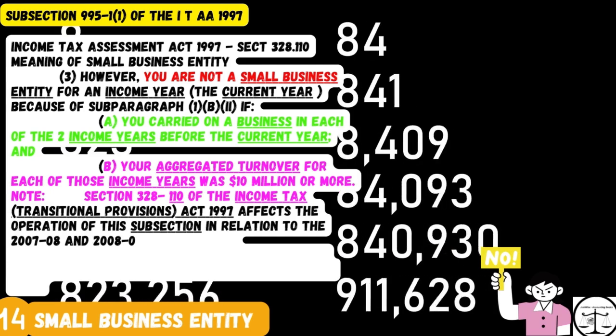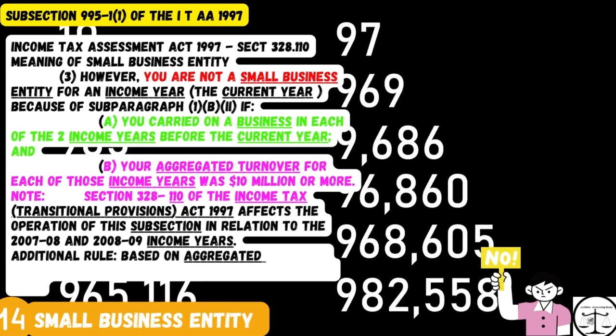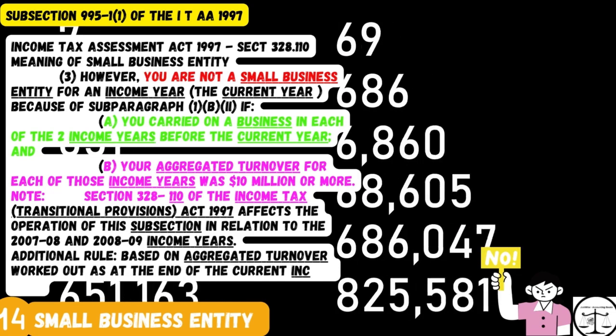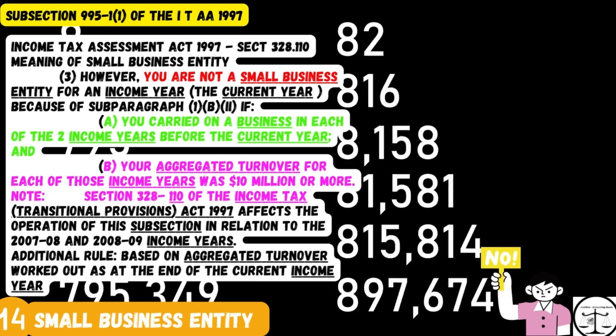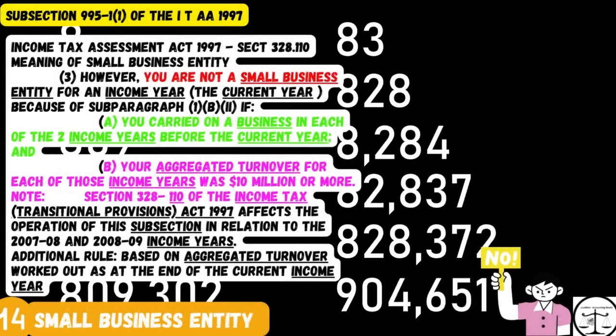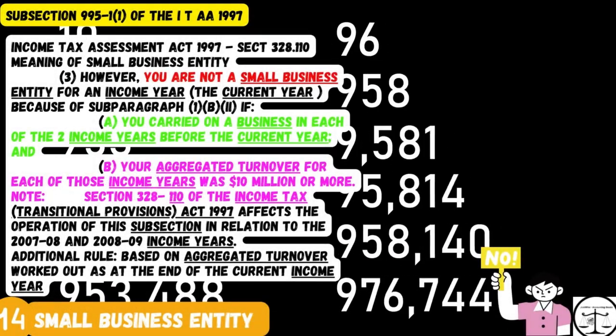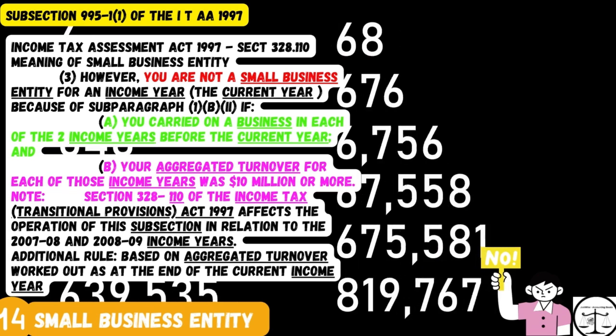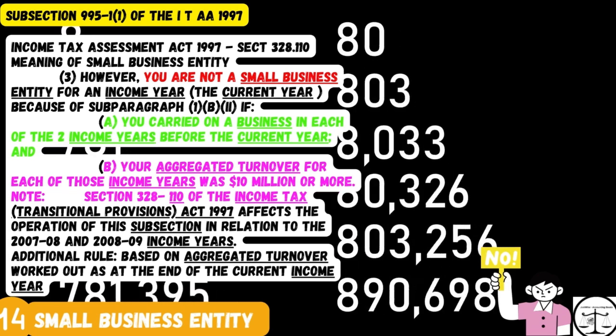Note, Section 328-110 of the Income Tax (Transitional Provisions) Act 1997 affects the operation of this subsection in relation to the 2007-2008 and 2008-2009 income years.